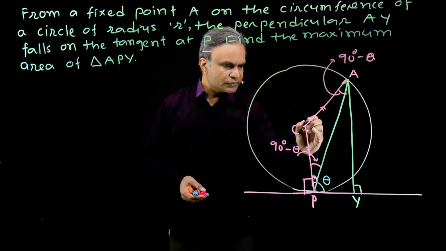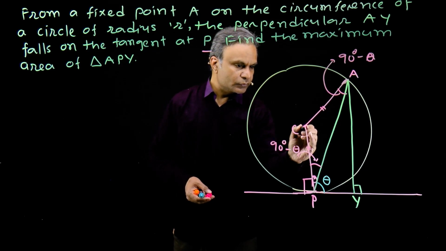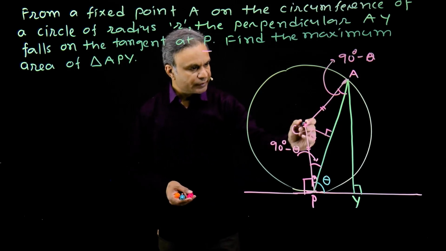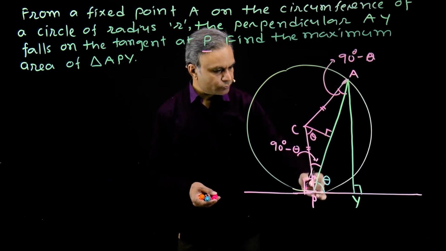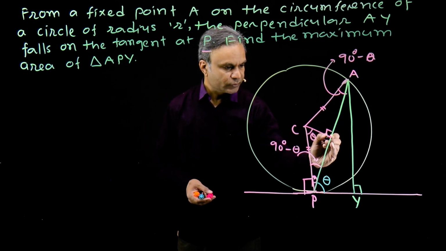So this angle will be 2 theta. So this angle will be theta where this is perpendicular. From the center we draw a perpendicular to this chord AP, so it will bisect this chord. So this angle will be theta.